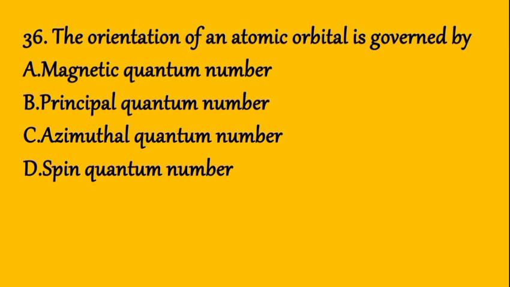The azimuthal quantum number l gives the shape of the sublevel. The magnetic quantum number ml gives the orientation, or direction, of the orbital. So the direction of the orbital is determined by the magnetic quantum number ml. So the answer is A.